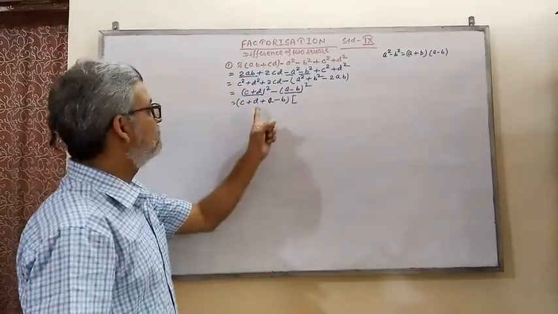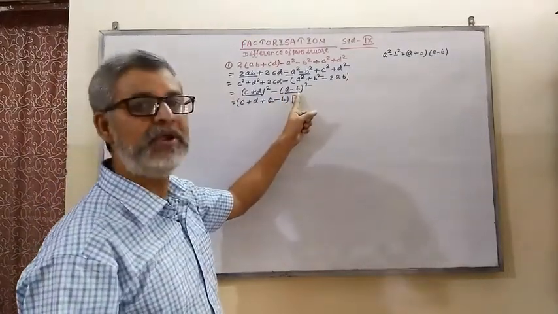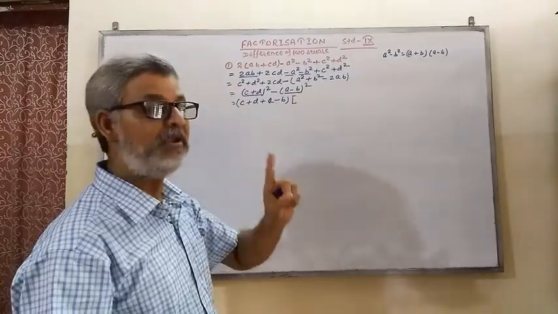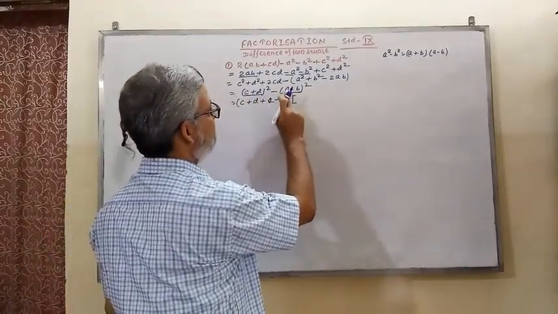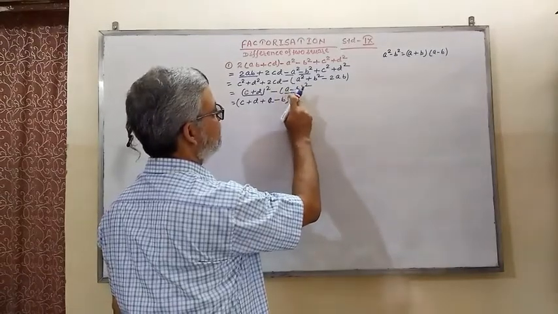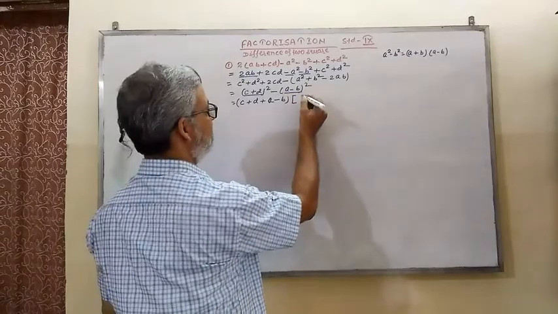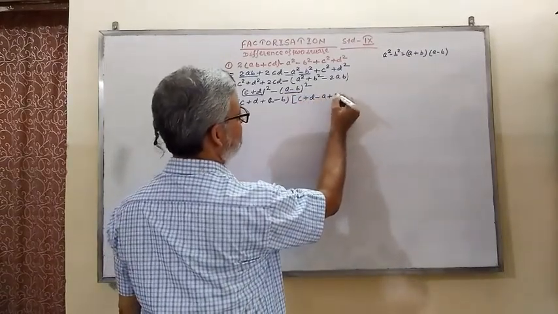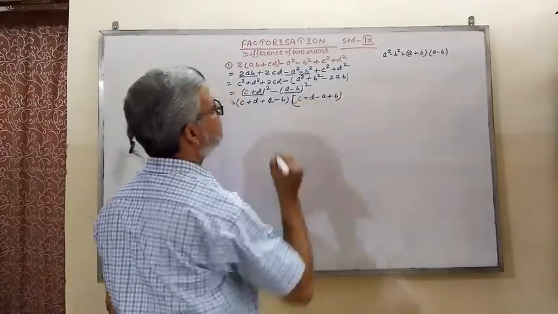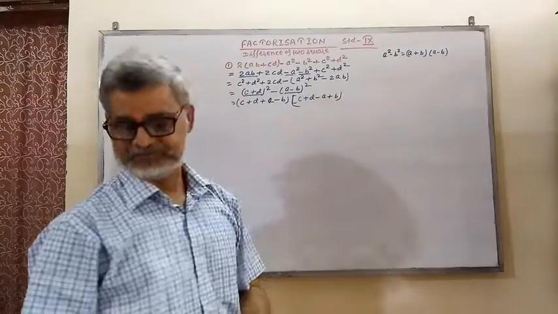As was also given in an earlier video, when in place of b there is more than one term, be careful, because for a minus b, minus b means both terms' signs will be changed. So c plus d minus a plus b, into a plus b, into a minus b.